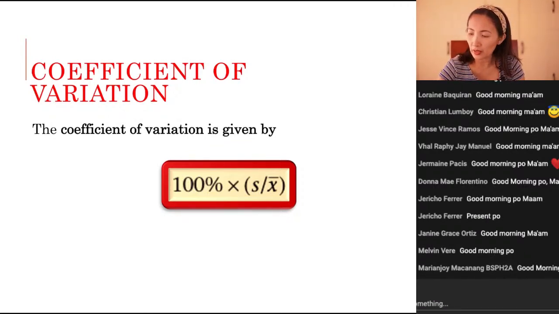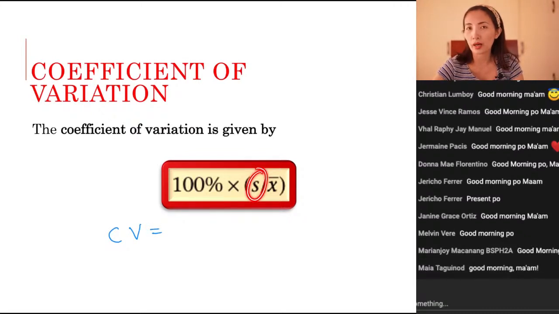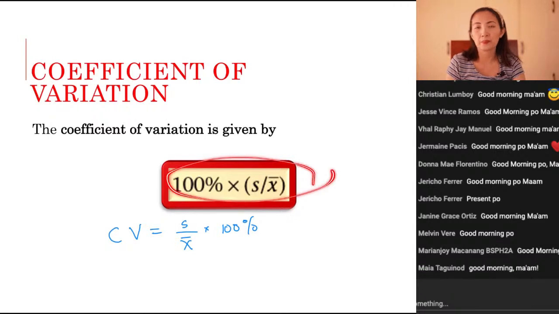We can abbreviate it as CV. CV is equal to S, the standard deviation, over X bar, the mean, times 100%. Same as the previous: 100% times standard deviation over X bar.